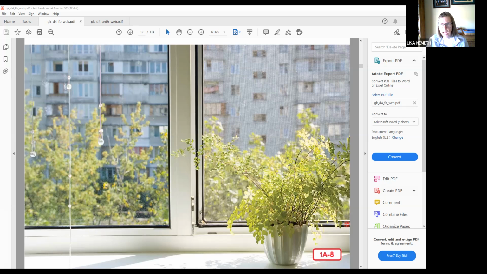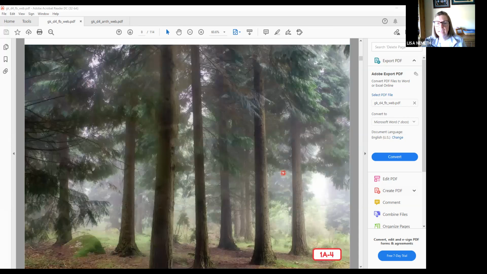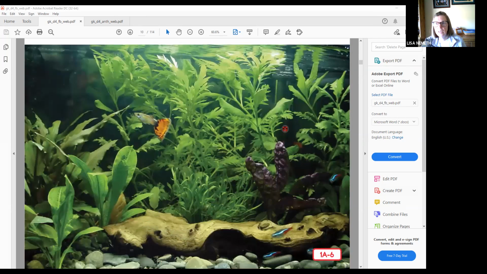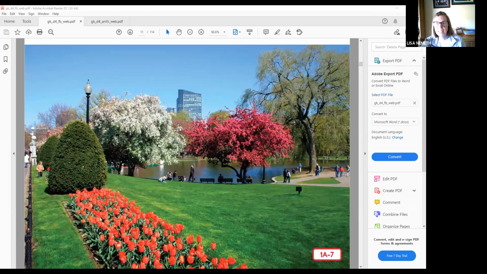Good. All right, now we also looked at some different places where plants live. So name some of the places where plants can live.